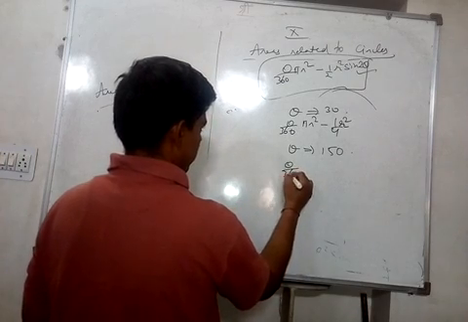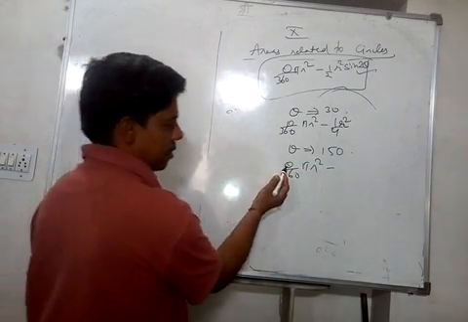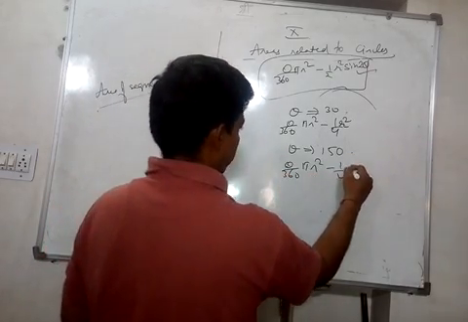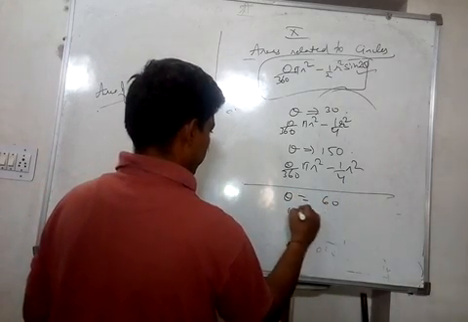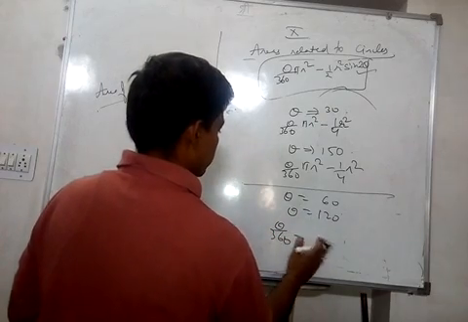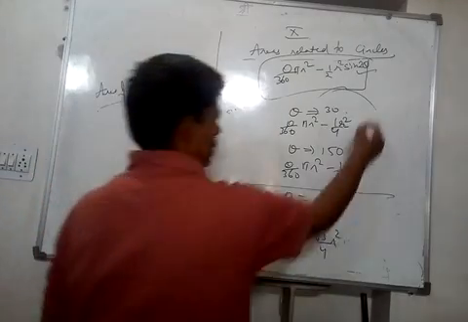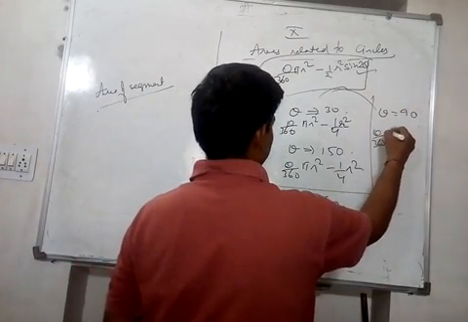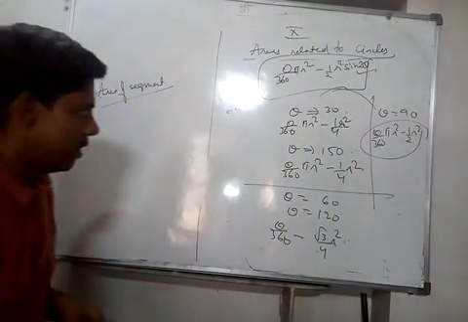The area of segment will be much bigger, sector will be much bigger, but this is same. Similarly, for theta is equal to 60 and 120 degree, you get theta upon 360 pi r square minus root 3 by 4 r square. And for theta is equal to 90 degree, you get theta upon 360 pi r square minus half r square. So these are some values you should understand.